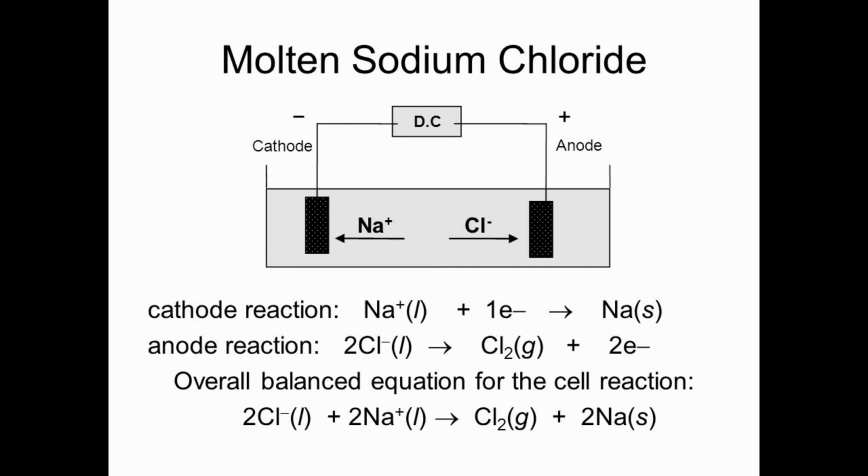Sodium ion will gain electrons at the cathode and thus be reduced to sodium atom, whereas chloride ion will lose the electron at the anode and thus get oxidized to chlorine atom. This is how we can separate the metals which are high up in the activity series.